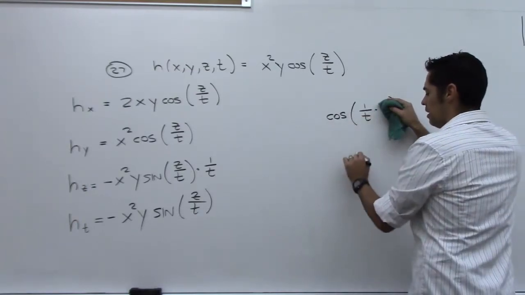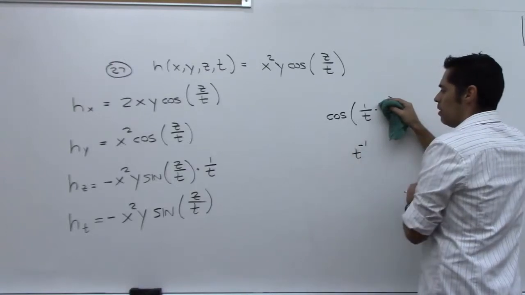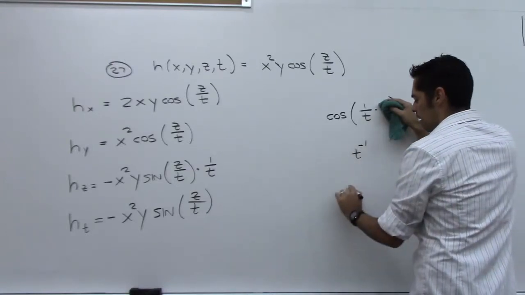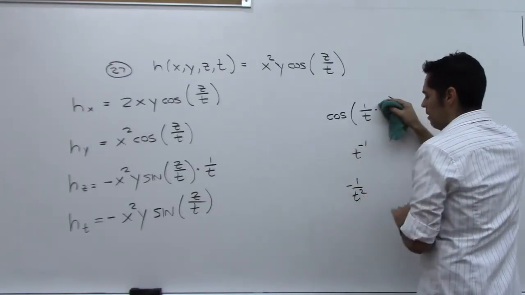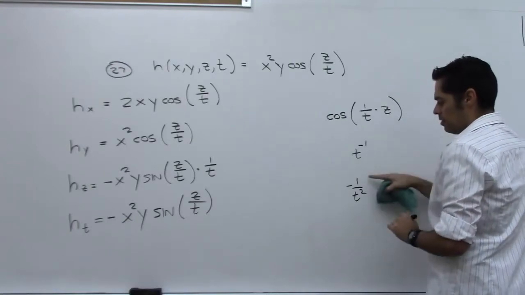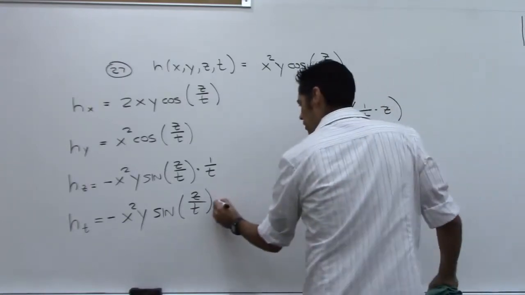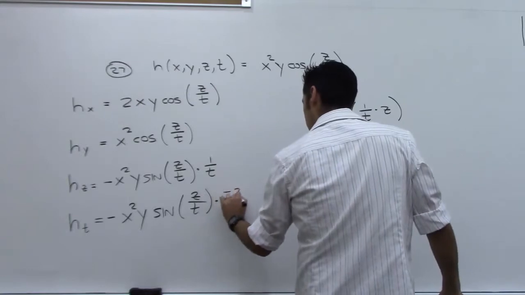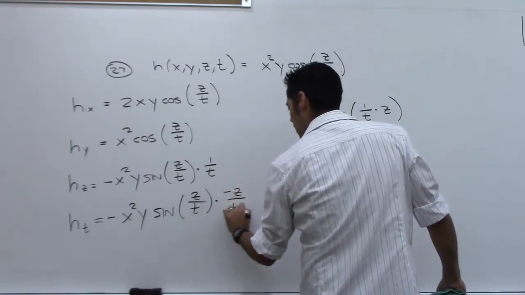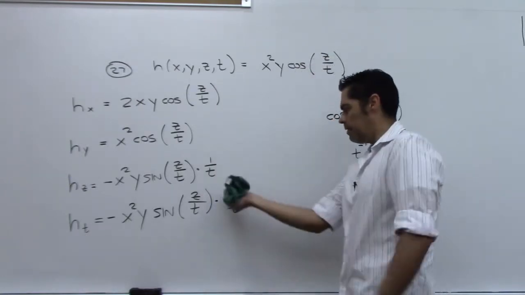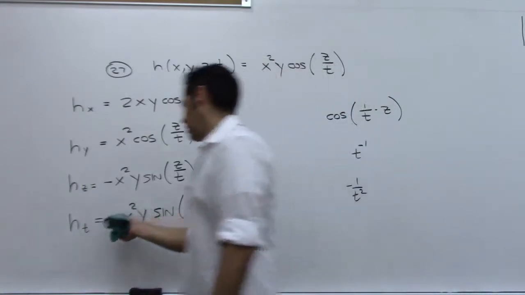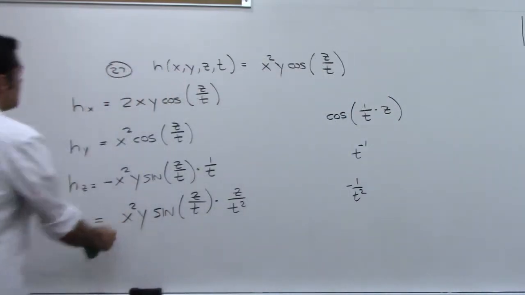Derivative of 1 over t, remember, that's the same as t to the negative 1. So derivative of that is going to be negative 1 over t squared, but then times z. So I'll just tack a z on top of this. So times negative z over t squared. And that negative out here can come out here and it turns this to a positive.